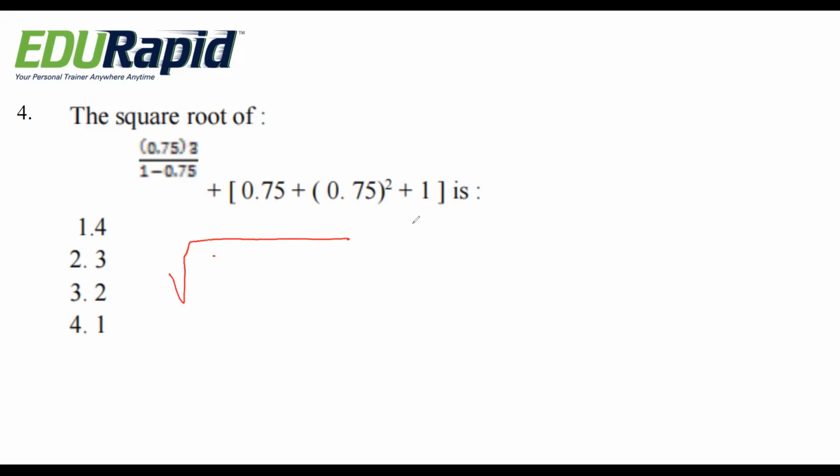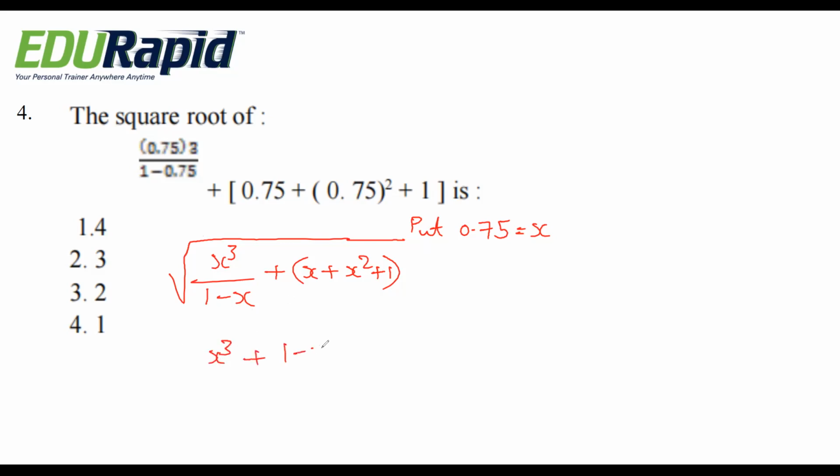So first of all, put 0.75 as x. So x cube divided by 1 minus x plus x plus x square plus 1. Then you remove the square root, just simplify the inner part. So x cube plus 1 minus x into x plus x square plus 1, divided by 1 minus x.